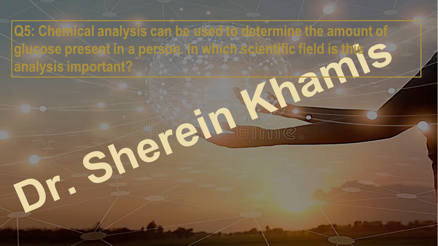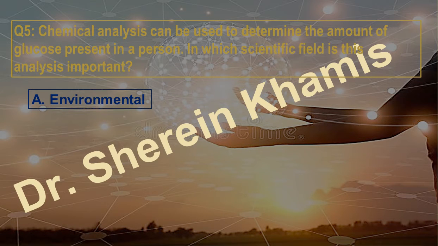Here we have chemical analysis that can be used to determine the amount of glucose present in a person. We have many questions on chemical analysis, sometimes on glucose, sometimes on cholesterol. In which scientific field is this analysis important?